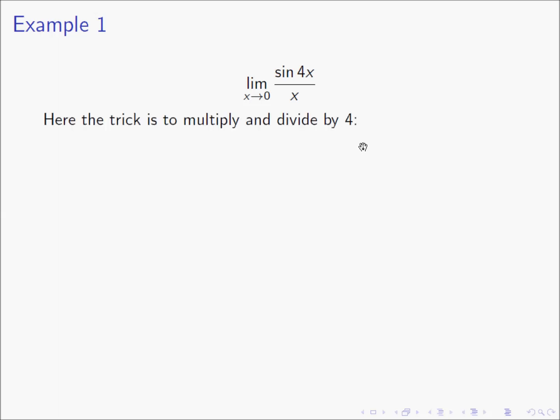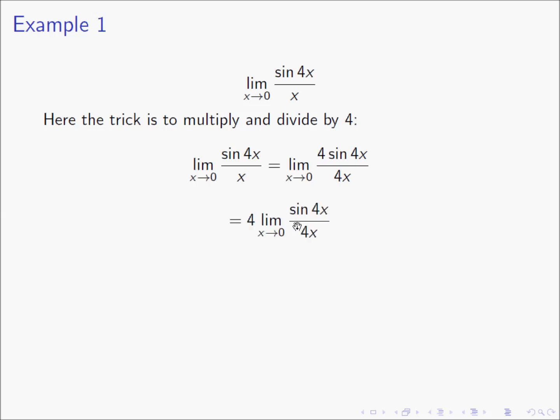In this case, the trick is to multiply and divide by 4. We multiply by 4 in the numerator, and below we also multiply by 4. And this 4 in the numerator we can take out of the limit sign like this. And now we have sine of 4x over 4x inside the limit sign.